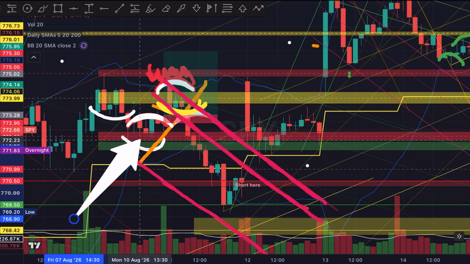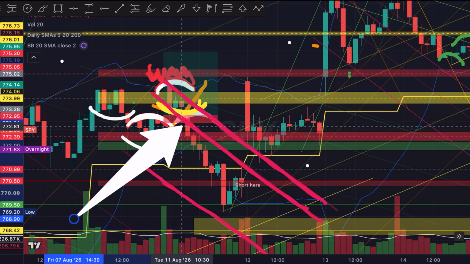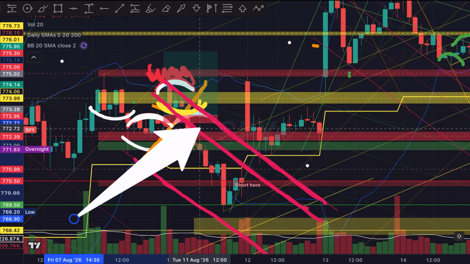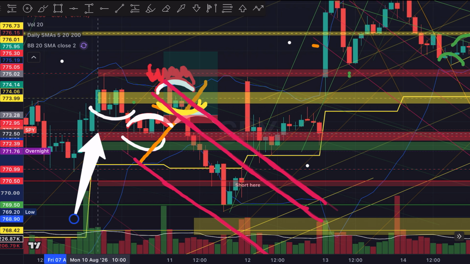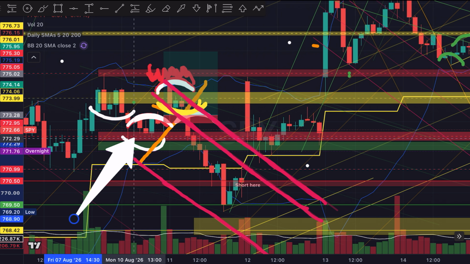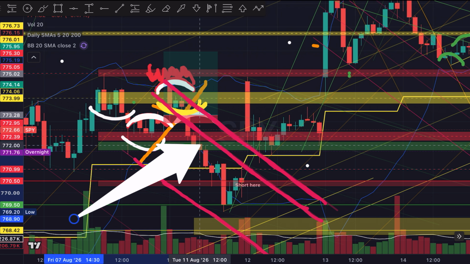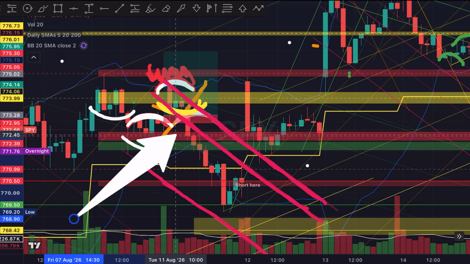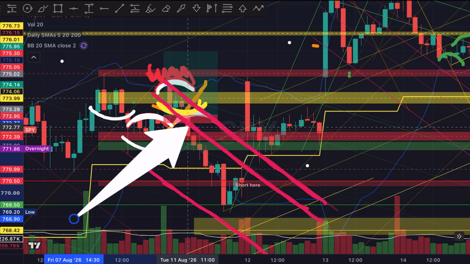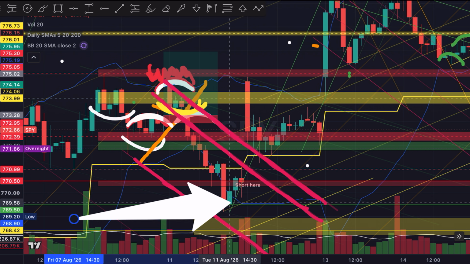So you have sufficient liquidity over here for the market to push up. But as the market came down over here, it forced a lot of people who were trying to make the market go up to lose right here, making people believe that the market was going to go down.